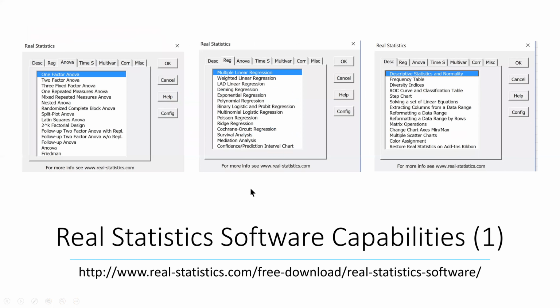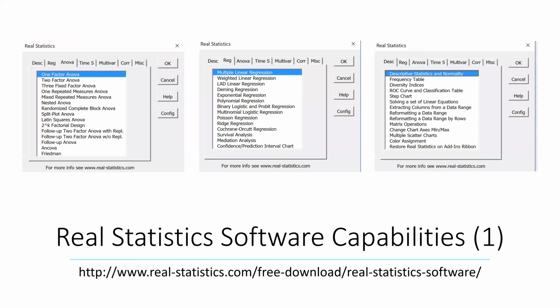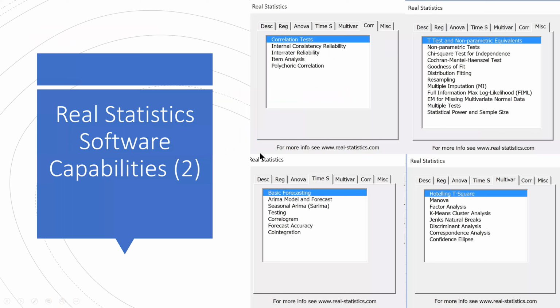Okay, yeah. I'm sorry. Okay, so you download it yourself. Okay, these are more functions as I mentioned. On the regression, you have linear regression, multiple regression, logistic regression, and so forth. And you have Real Statistics software capacity.